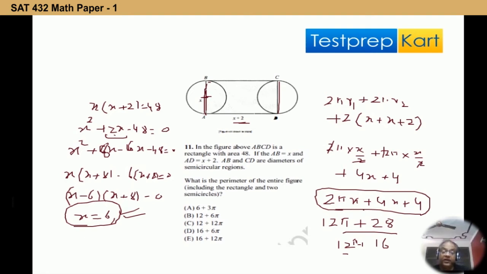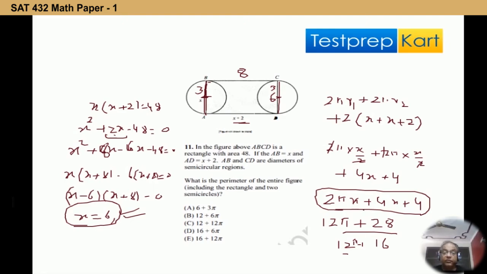So if area is 48, so this side will be 8 and this will be 6, and therefore the radius of each of this circle is 3, and so we have to find this one actually.